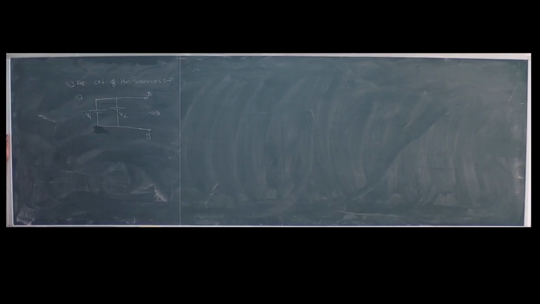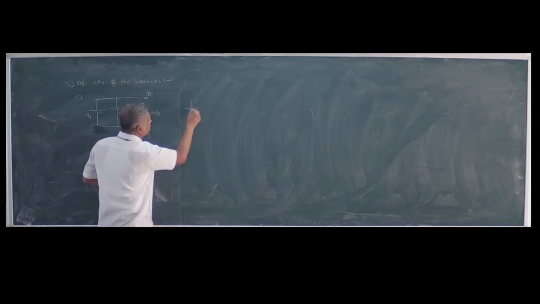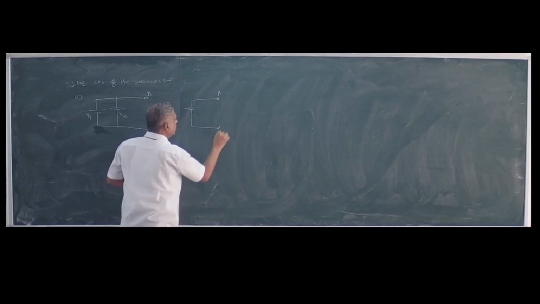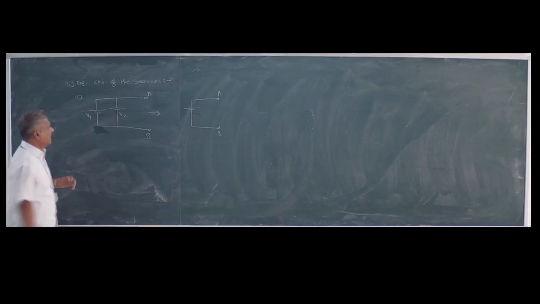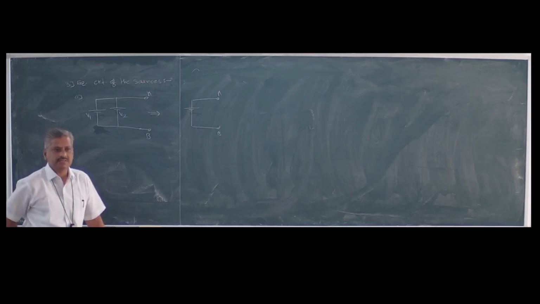What will be its equivalent figure? Here, its equivalent figure will be something like this. There is A and this is B. And what is the value of this source? V1 plus V2.